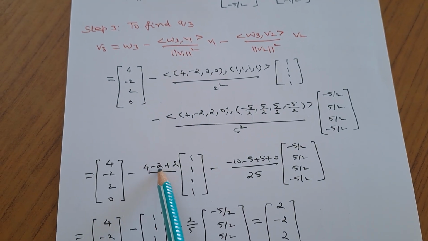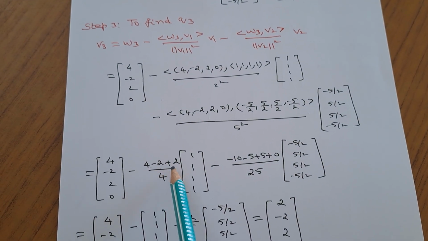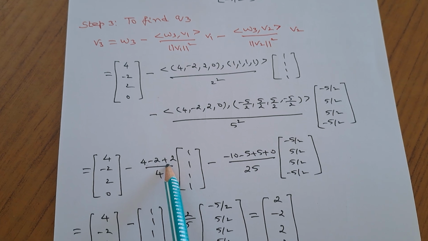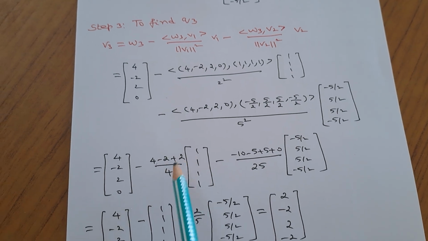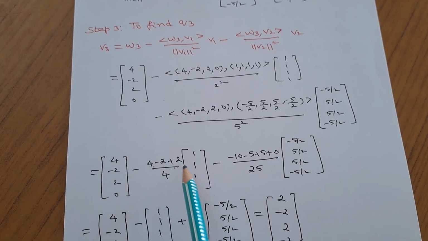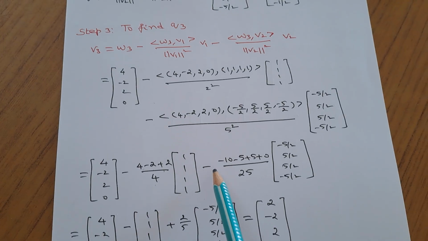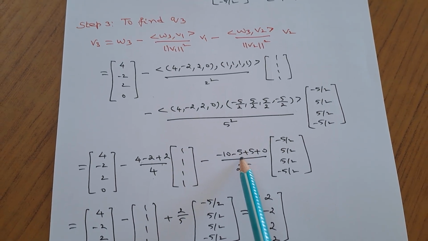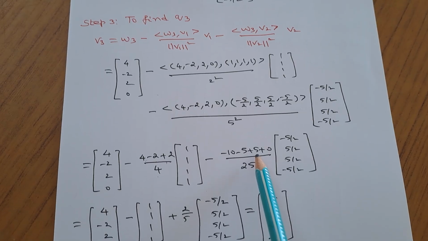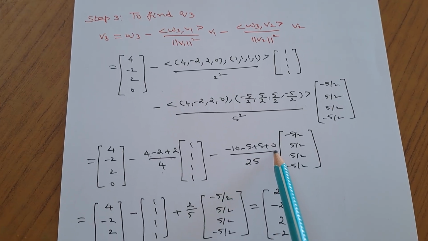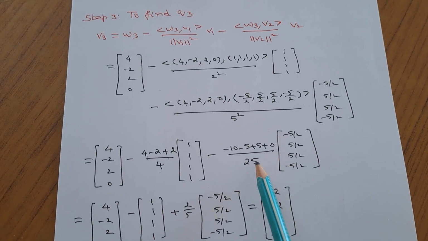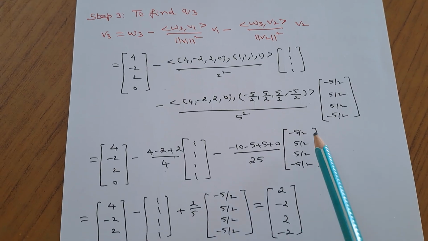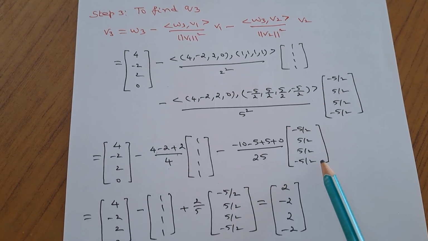Removing the inner product: 4 into 1 is 4, minus 2 into 1 is minus 2, plus 2 into 1 is 2, 0 into 1 is 0, by 2 square which is 4, into 1, 1, 1, 1, minus here 4 into minus 3 by 2 is minus 10, minus 2 into 5 by 2 is minus 5, 2 into 5 by 2 is 5, plus 0 into something is 0, by 5 square which is 25, into minus 5 by 2, 5 by 2, 5 by 2, minus 5 by 2.